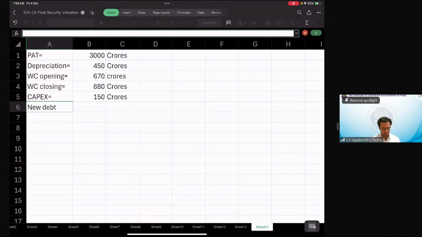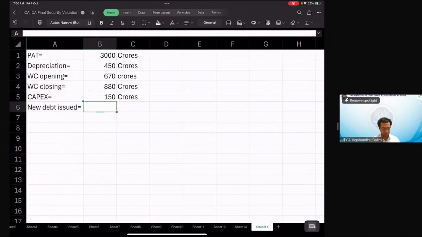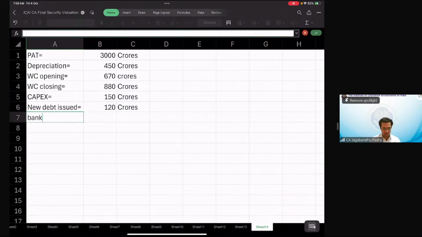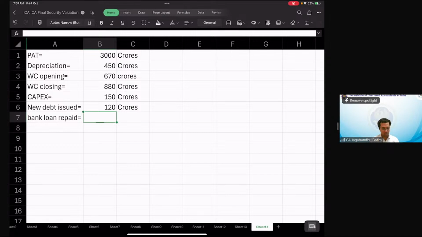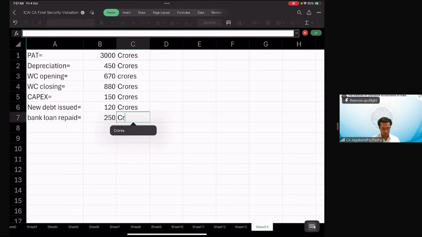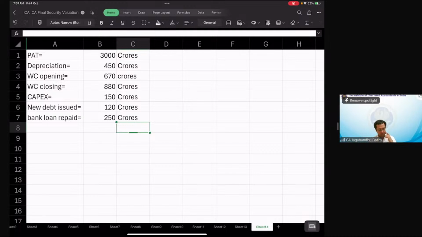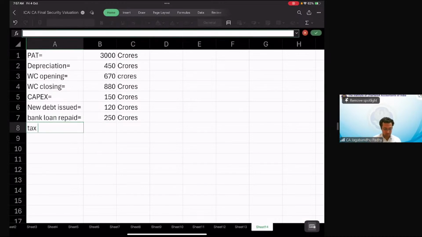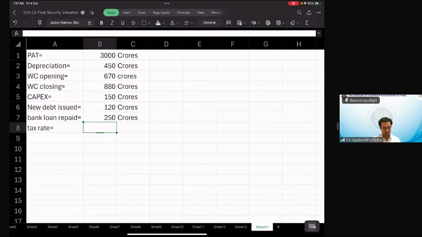New debentures, let's say, have been issued to the tune of 120 crores, and bank loan repaid is, suppose, 250 crores. Tax rate is 30%.